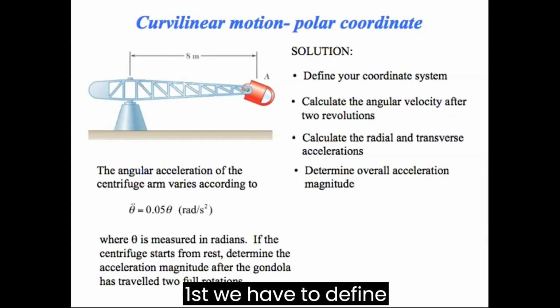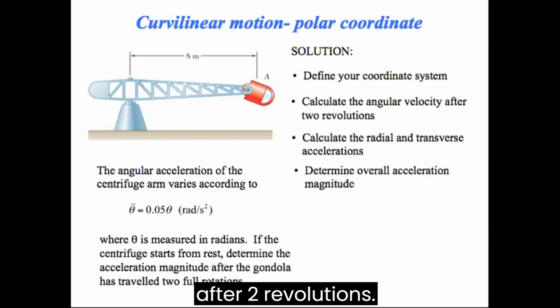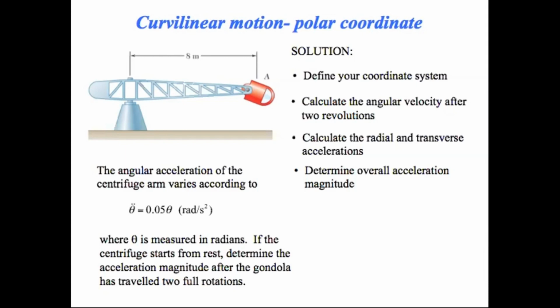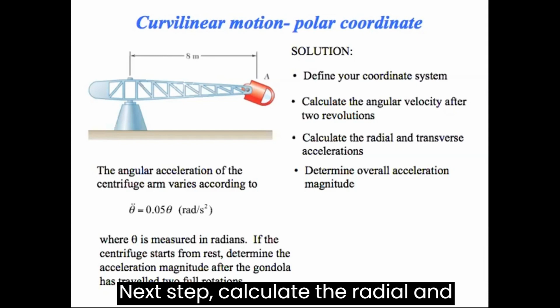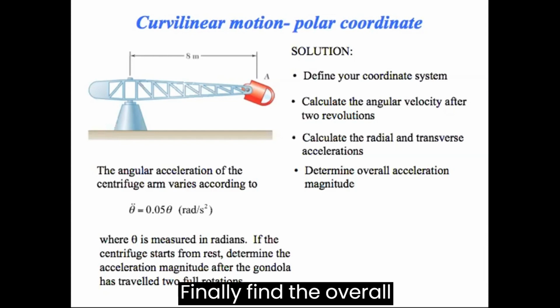First, we define our coordinate system. After that, calculate the angular velocity after 2 revolutions. Next step, calculate the radial and transverse accelerations, and finally find the overall acceleration magnitude.